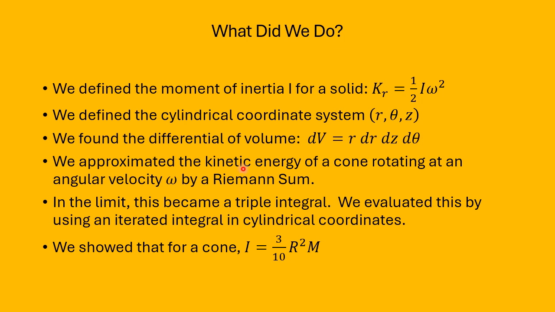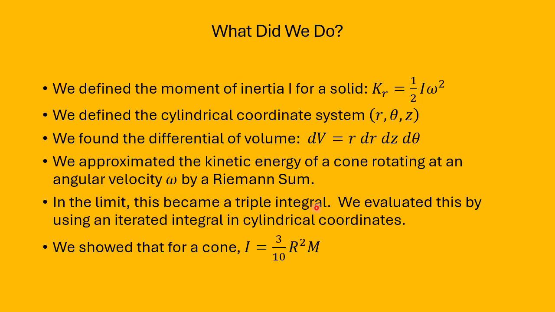Then we approximated the kinetic energy of a cone rotating with an angular velocity omega. We approximated it by a Riemann sum. Then, in the limit of these Riemann sums, as the number of small sub-volumes goes to infinity and the dimensions of each sub-volume go to 0, this turned into a triple integral.